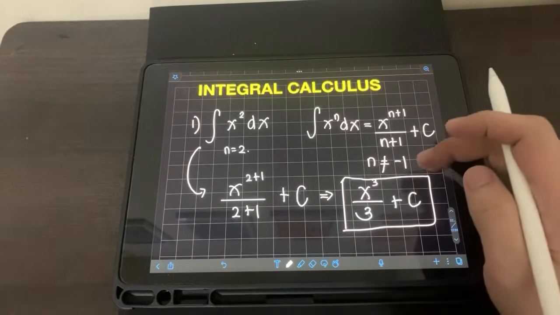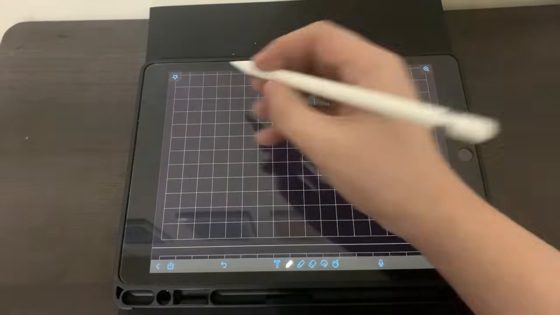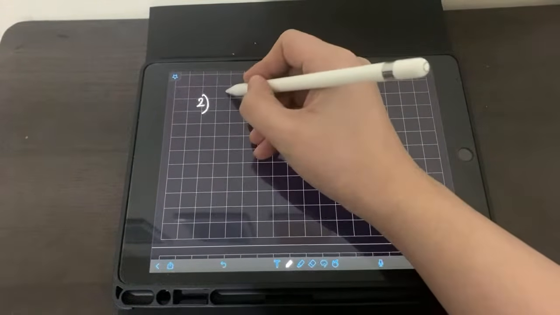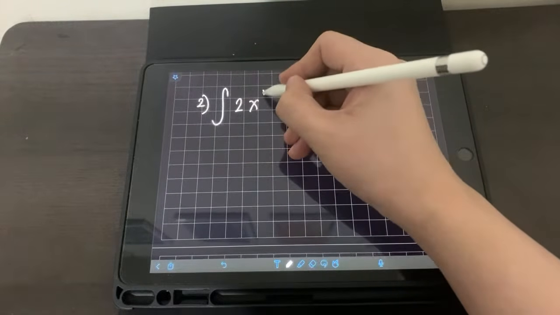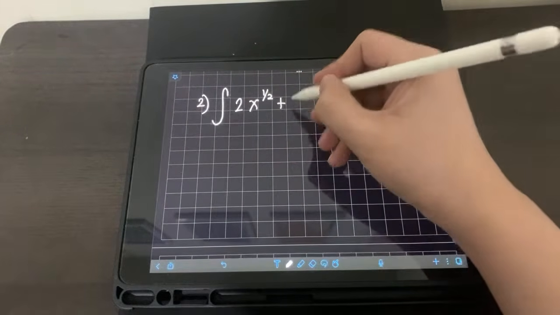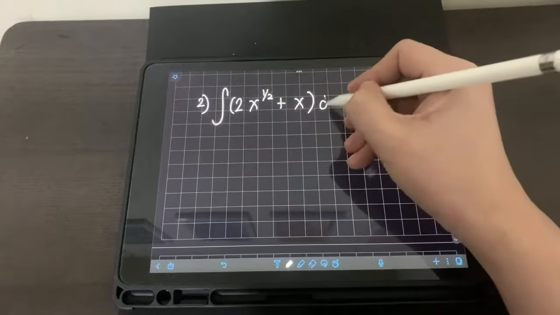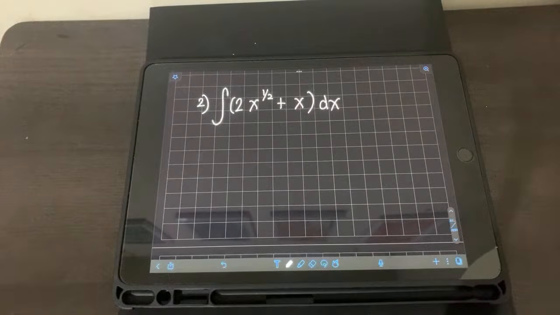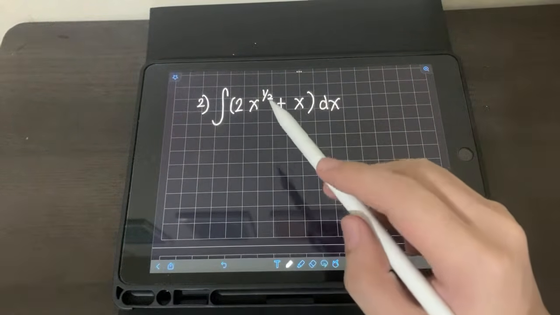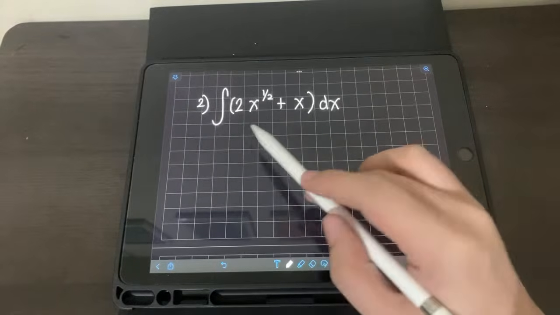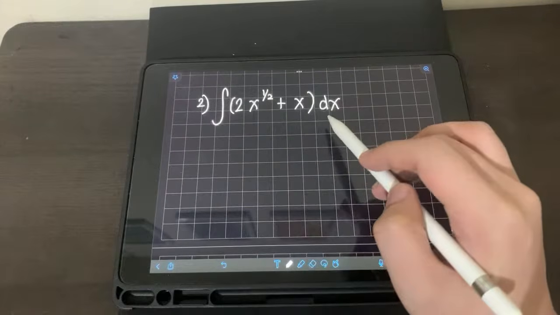Okay, so let's have the second problem. Evaluate the integral of 2x raised to 1/2 plus x quantity dx. So, if we have more than one term, in this problem we have two terms, right? 2x raised to 1/2 plus x dx.